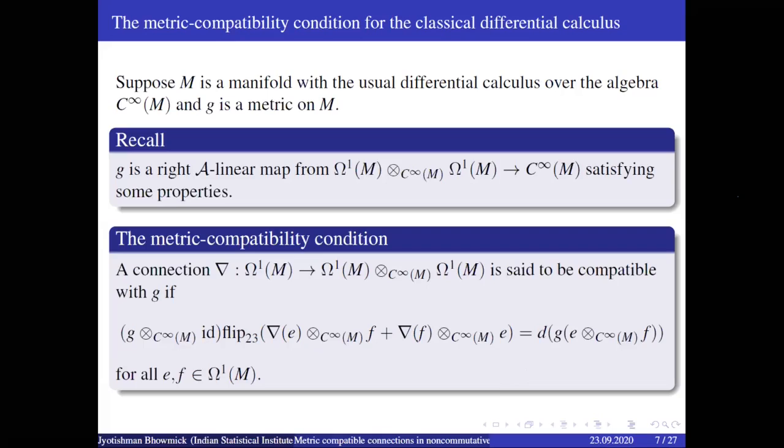Suppose I start from E tensor F. Let's see what it does. I first have A, E, and then F. So here I first have E and then F, but here the order is reversed.